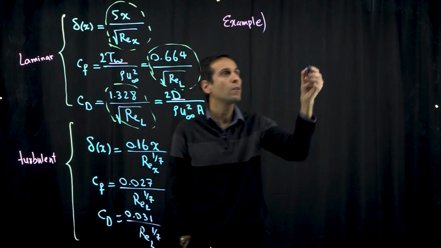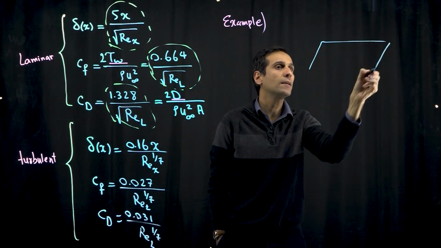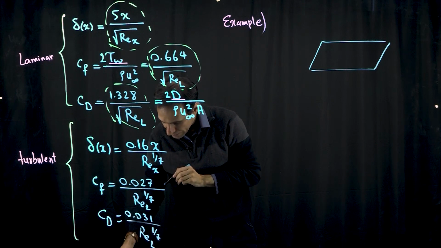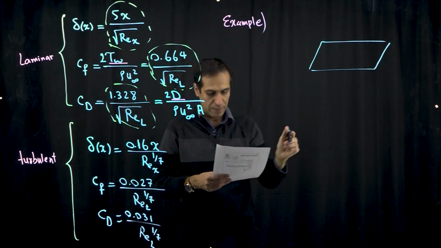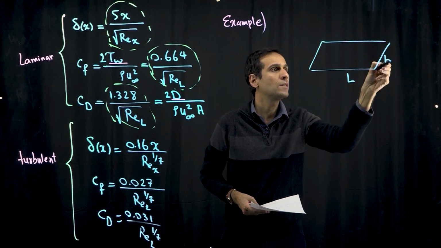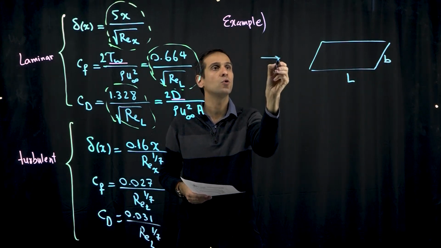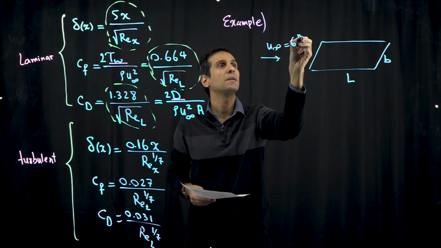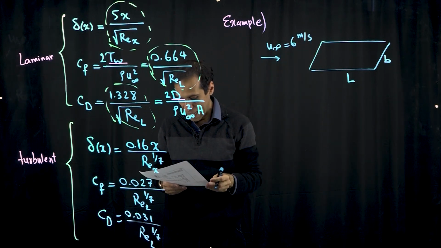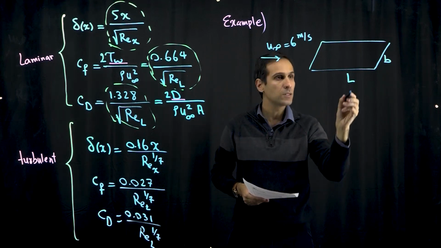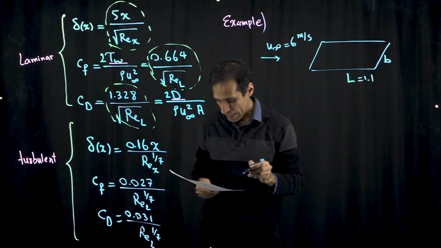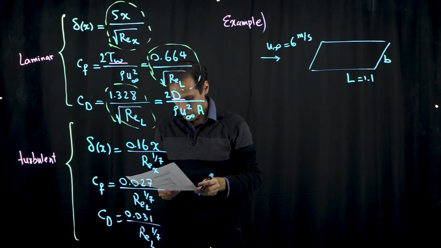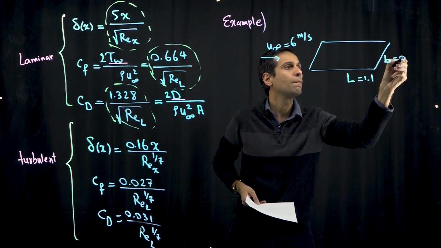In this example, there is such a flat plate, and you can see that this is L, this is B, and this is U infinity. U infinity is given as 6 meters per second. L is given as 1.1 and B is 0.55.